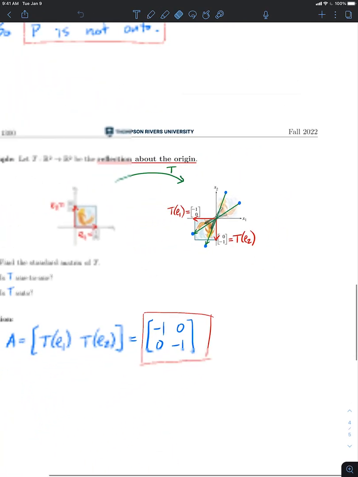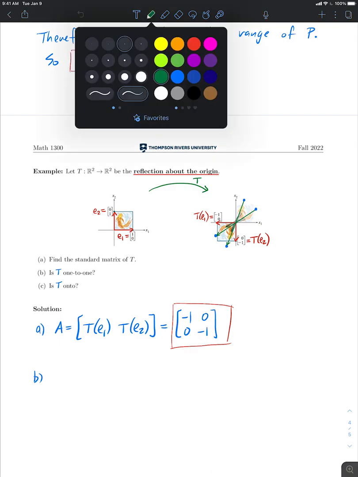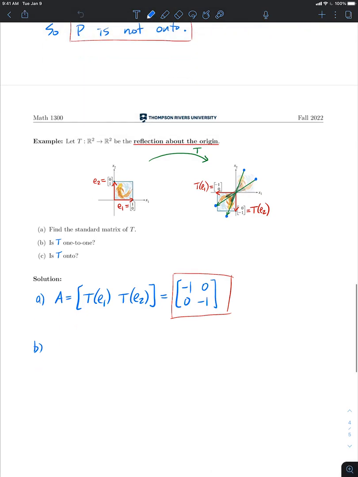So maybe I will leave those on there. Let's add some explanation here. So let's say this is x. Call this x and y. We certainly have x not equal to y. And down here, you'd have T of y, and down here you have T of x.